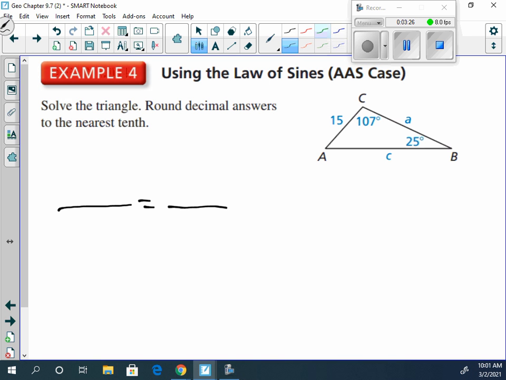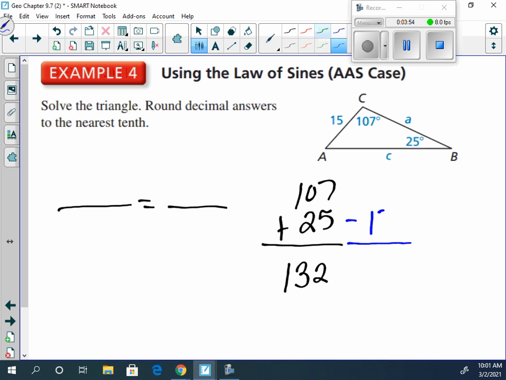What do we know about triangles and angles? They all add up to be 180. So if I know two of the angles, I can find the third, because all three add together to be 180. So what we could do is I could take 107 and add to it 25. We can add these two together, which would be 132.